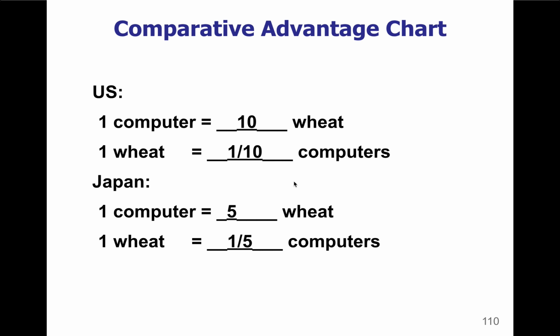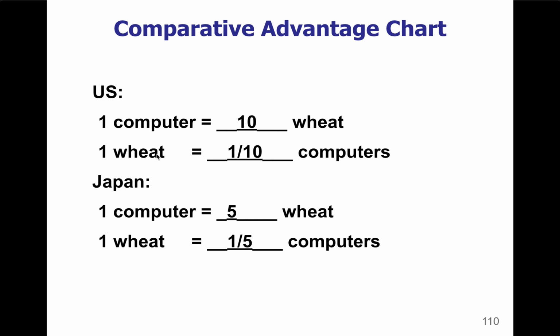So you have a comparative advantage in the first good, let's say one computer, if your second number is lowest. So the US would have to give up 10 tons of wheat, but Japan only gives up 5. They have a comparative advantage in making computers because the thing they're losing, the opportunity cost, is lower.